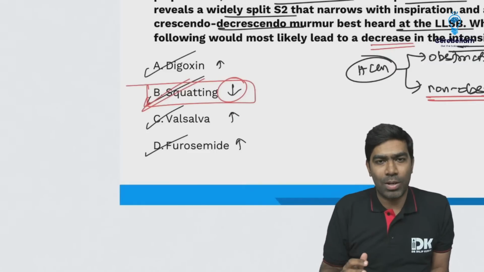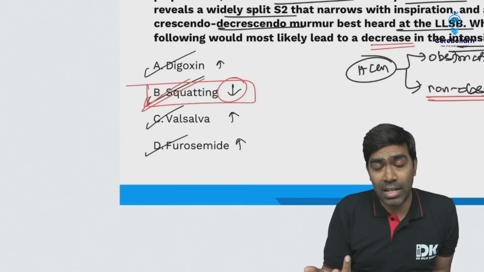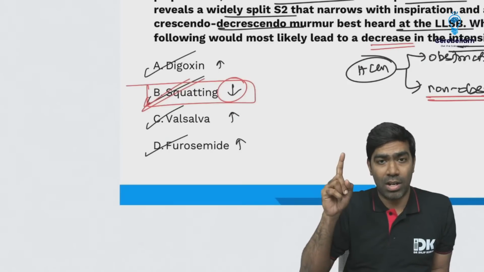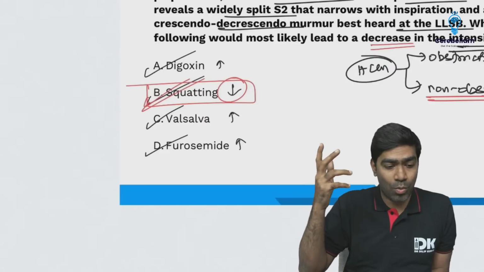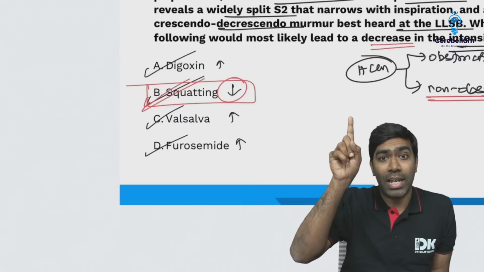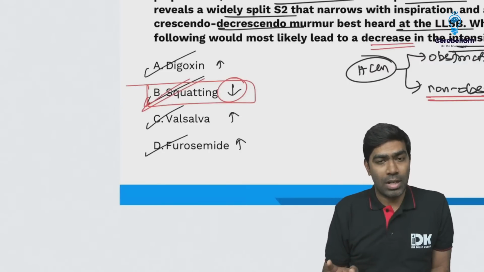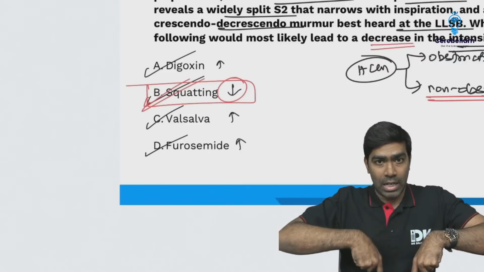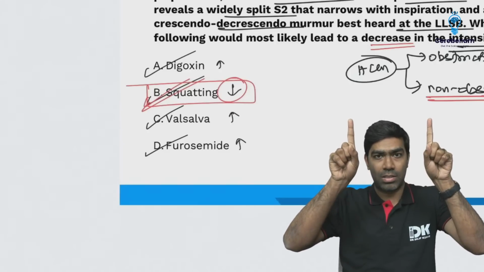How to remember Valsalva? Valsalva sounds like Valhalla, heaven. How will you show heaven? Up. Valhalla, heaven. Valsalva is going to increase murmur. Increase contractility, increase murmur. Clear? Squatting, decrease. Standing, increase.